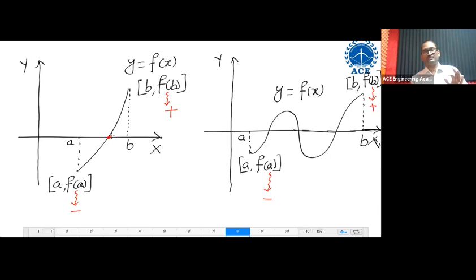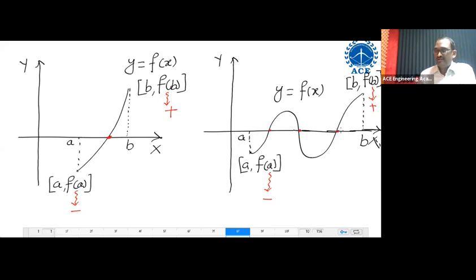Minimum one root lies between a and b means the curve will cross the x-axis between a and b at minimum one point. Look at the second diagram and tell me the same statement then.